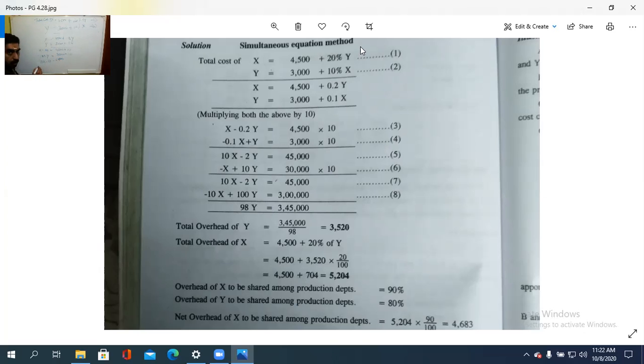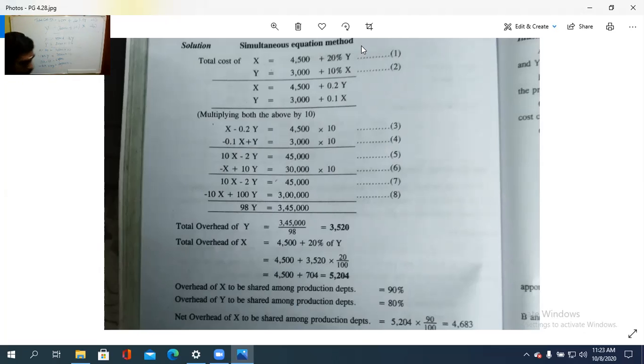So how much? Minus 10x plus 10y, is equal to 30,000 into again 10. So 30,000 into 10, that is how much? 3 lakh it is coming.